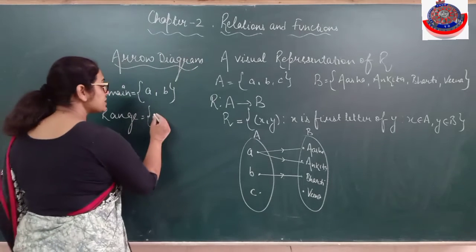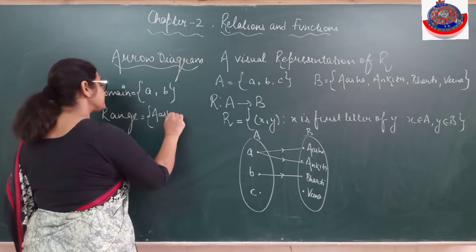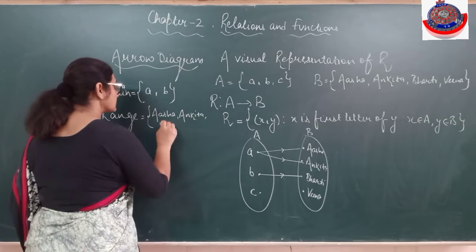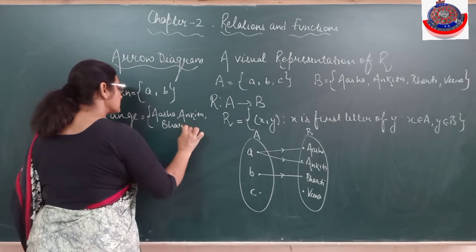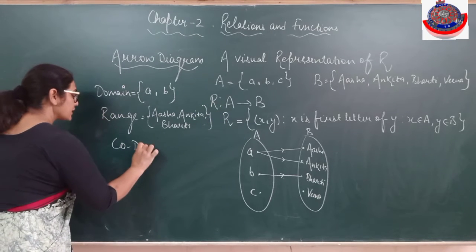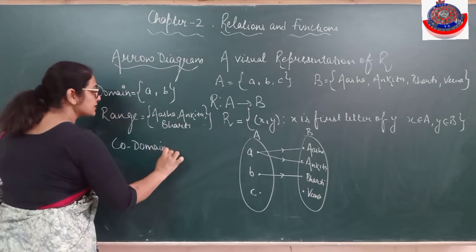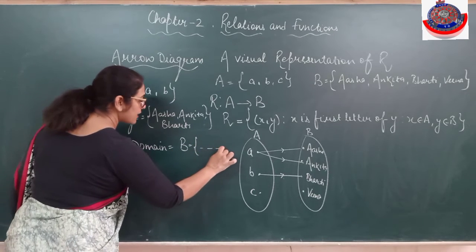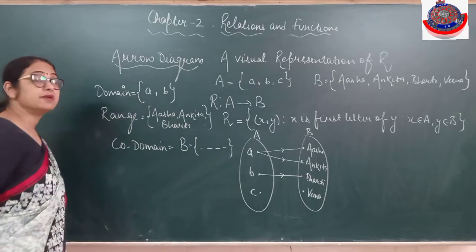So nothing is repeated, so all will come. And my codomain is the complete second set. That means all Asha, Ankita, Bharti, Veena. Everything will come in this.